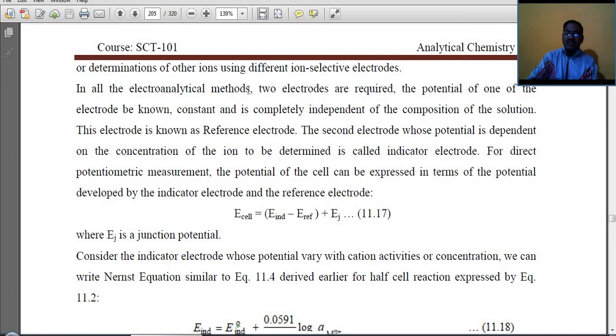In this electroanalytical method, two electrodes are required. The potential of one of the electrodes is known and constant, and completely independent of the composition of the solution. Here, one is the reference electrode and the other is the indicator electrode.